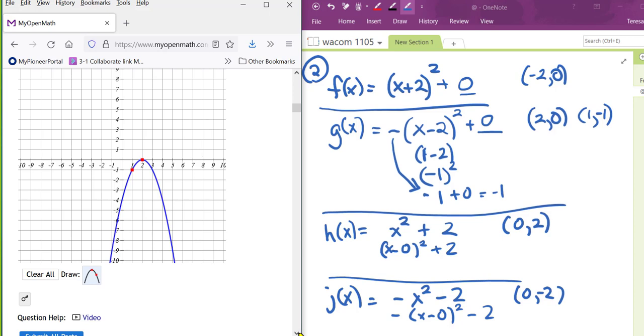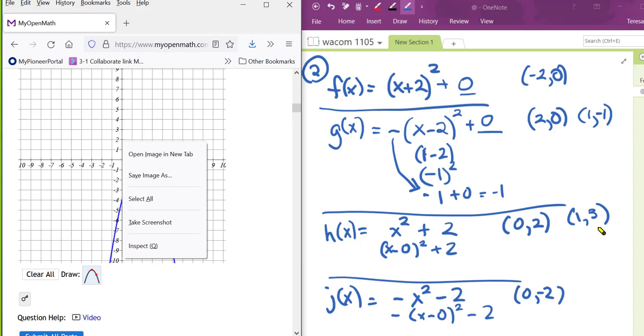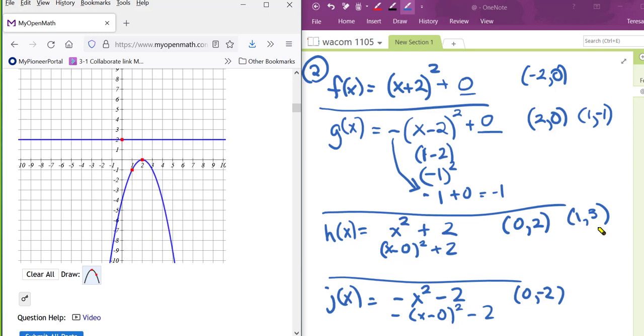So we just have to pick something else to get a second point. So if we pick a 1, right? So if you pick 1, you plug it in. 1 squared is 1, plus 2 is 3. Right? So do our tool again. 0, 2, so don't go over, but go up 2. And 1, 3. And that one is not flipped upside down. This one would be upside down.